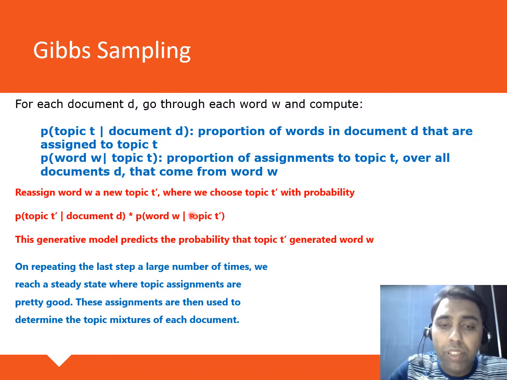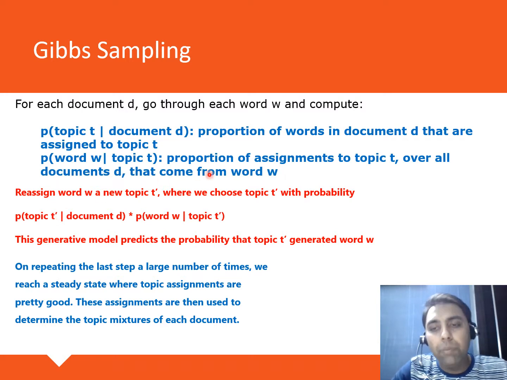So now it tries to reassign the words to a new topic, and the reassignment happens with a probability which is the product of these two conditional probabilities: the topic given document and the word given topic. But this topic is not the one to which the word was initially randomly assigned. So this is a new topic, right?